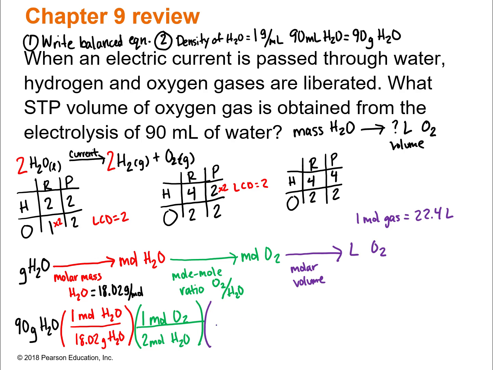Third, we're taking the moles of oxygen gas and converting to volume. Put the 22.4 liters on top and the moles on the bottom.